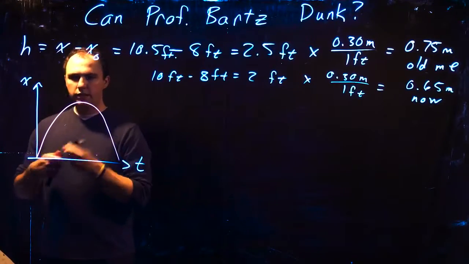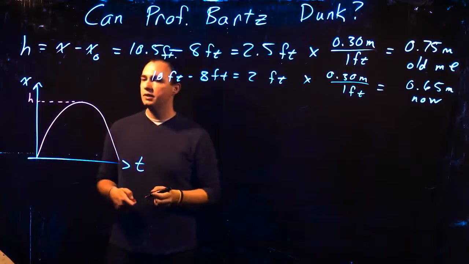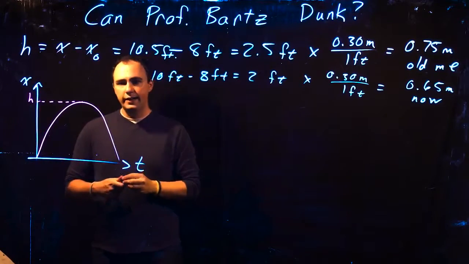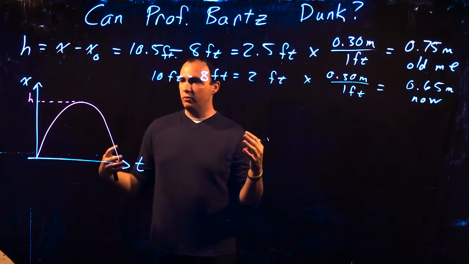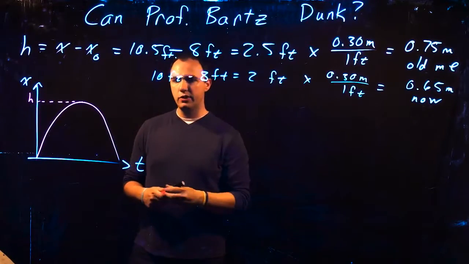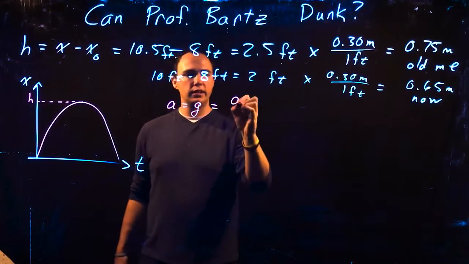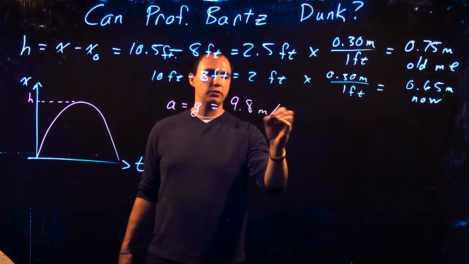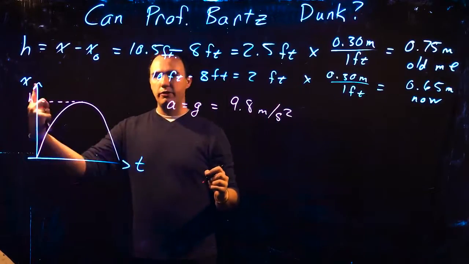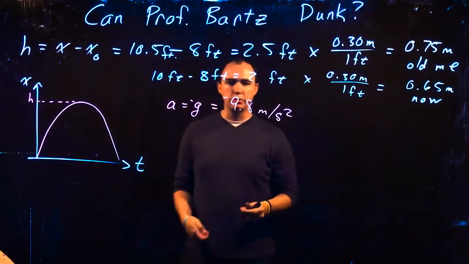So here is my maximum height that I get off of the ground. And that's essentially all we know. We know that we're on Earth, so we know that the acceleration is equal to g, which is 9.8 meters per second squared. And since I'm defining up to be vertical, it should be negative g, negative 9.8 meters per second squared.